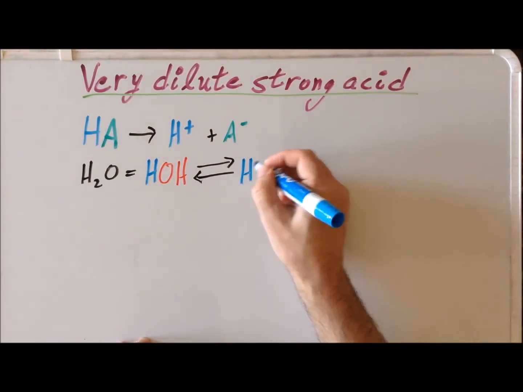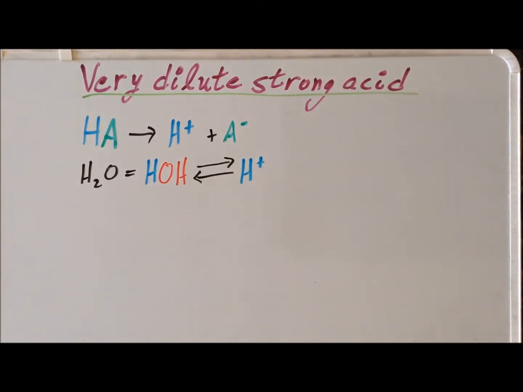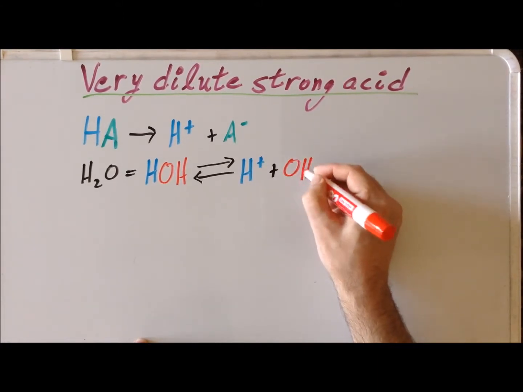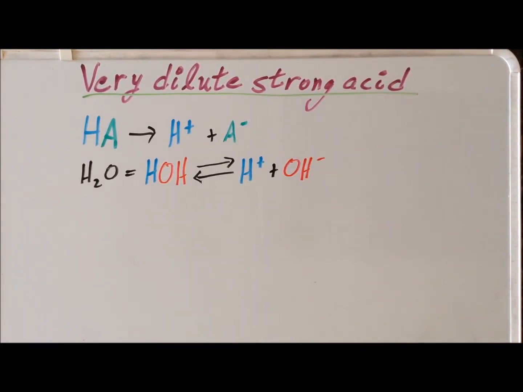It will break up all by itself into a hydrogen ion and a hydroxide ion. Notice that for the sake of brevity, I am writing H+, where you might have been taught to write the hydronium ion H3O+. If you prefer to write it that way, feel free to substitute H3O+ in any case where you see H+.